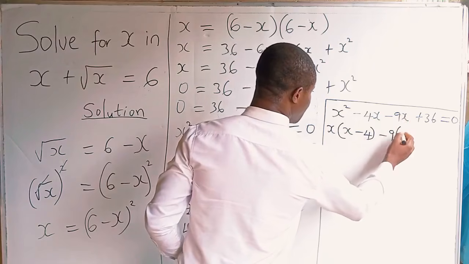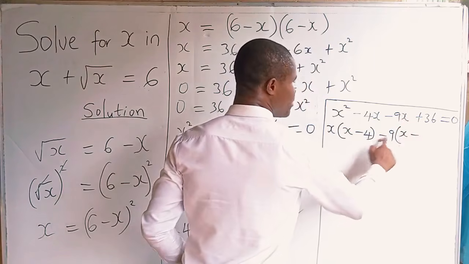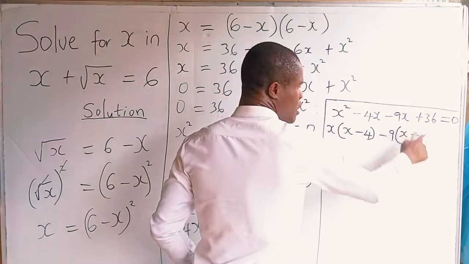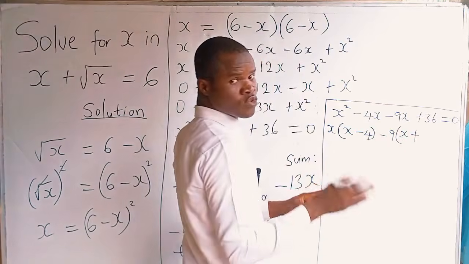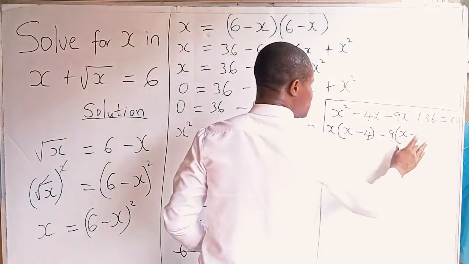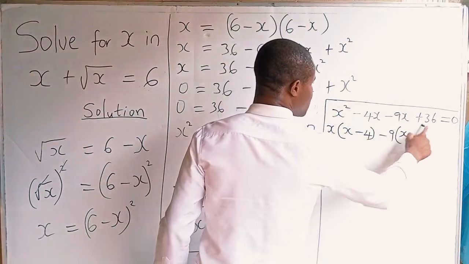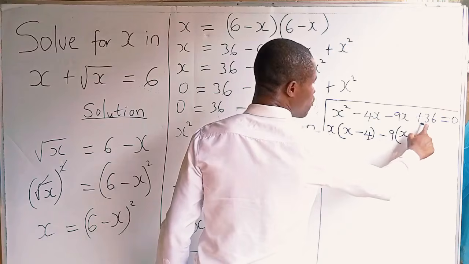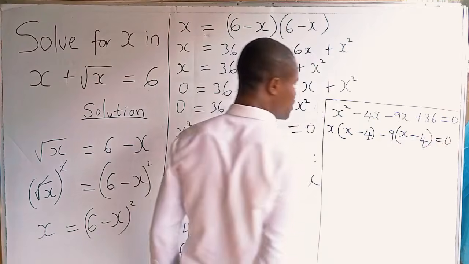So what remains here is x minus, I'm going to change this plus to minus because minus times minus will give us plus. But if I had put plus, minus times plus will give us minus, which would have spoiled the equation. So the right thing to put here is minus. Then if you factor out 9 here, what remains here will be 4 equal to 0.